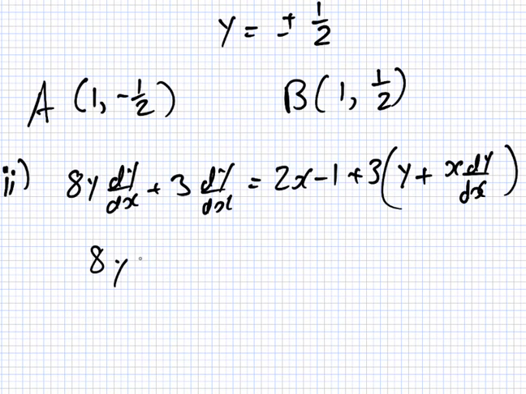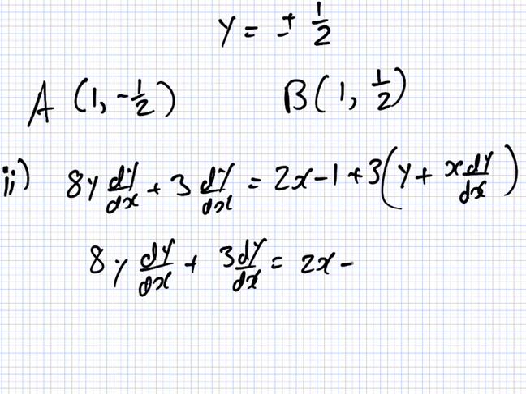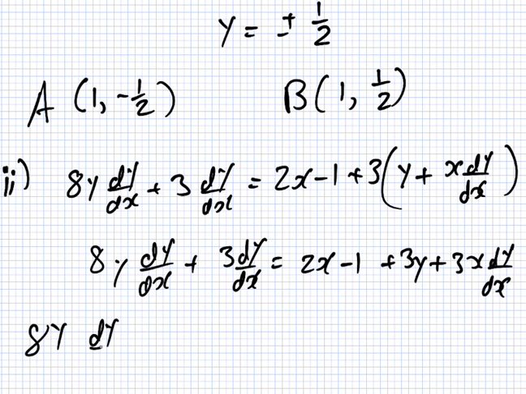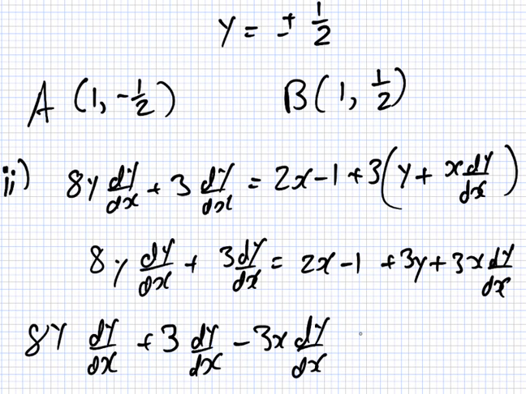8y dy dx plus 3 dy dx equals 2x minus 1 plus 3y plus 3x dy dx. So 8y dy dx plus 3 dy dx minus 3x dy dx equals 2x minus 1 plus 3y.